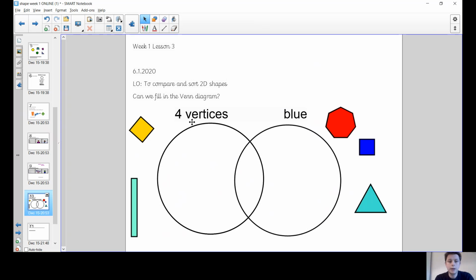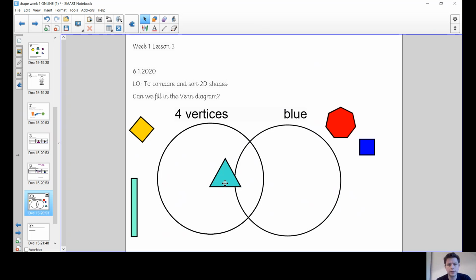This one on the left is for shapes that have 4 vertices. So blue or 4 vertices. What do you think we would put in the middle? The middle is for shapes that have 4 vertices and are blue. So let's have a go at sorting some of these shapes.